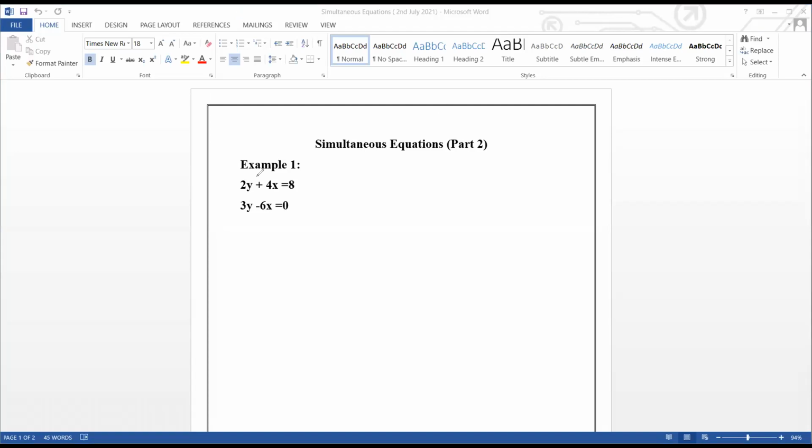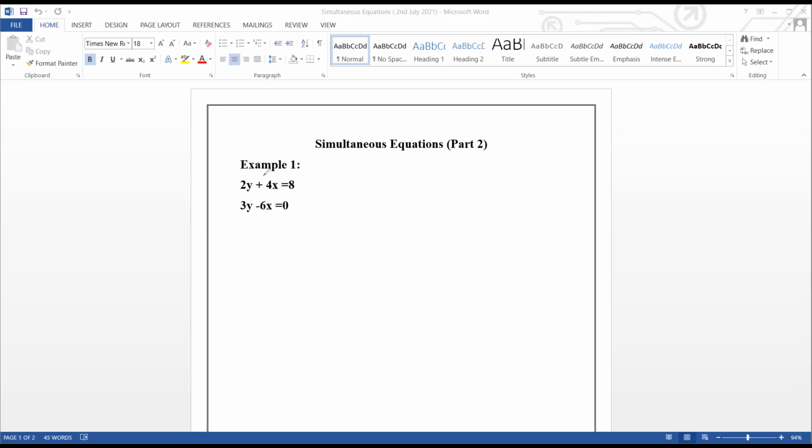Now, when I take my y, that's my first unknown term, the coefficient is 2 in the first equation, and in the second equation, the coefficient is 3. And when I take x, the second unknown term, the coefficient is 4, and in the other one, it's 6. So first of all, I have to make the common coefficient.